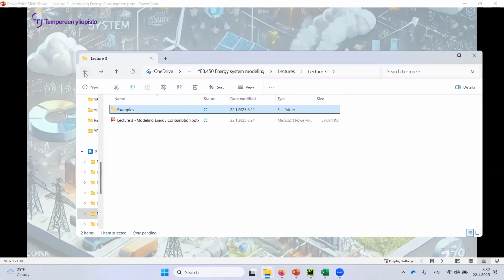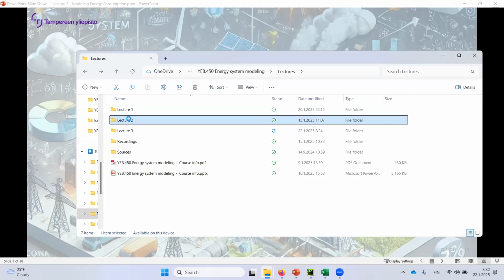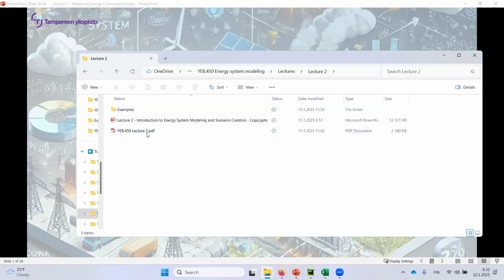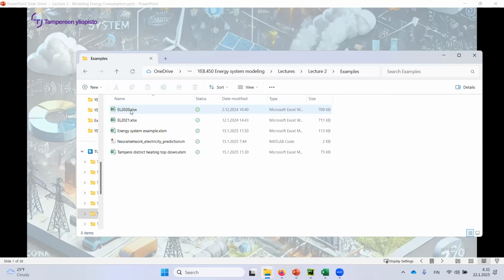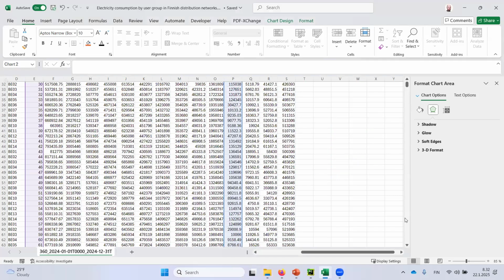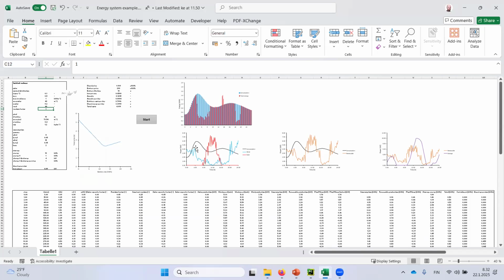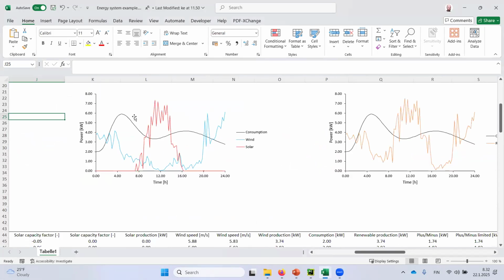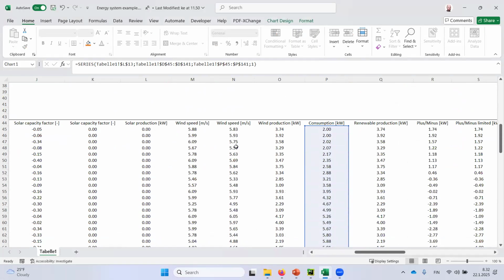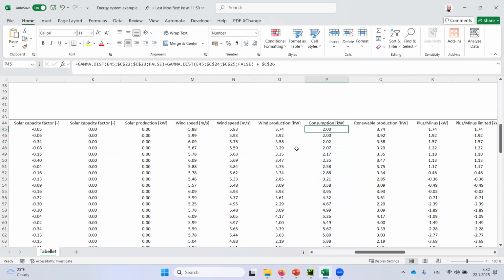Let's see if I can still find it from my examples. We watched the Monte Carlo simulation, for example, based on this. So in here, I have this curve, which is the consumption.